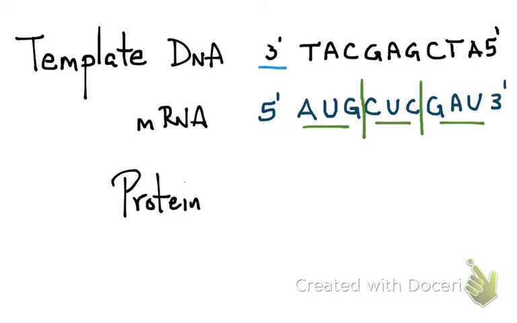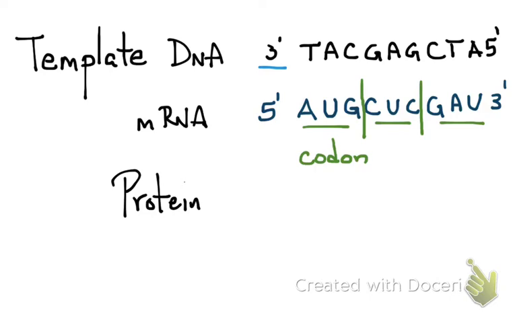Each of these is known as a codon. And each codon encodes for one amino acid. And there are 20 total amino acids that are coded for by 64 potential codons.